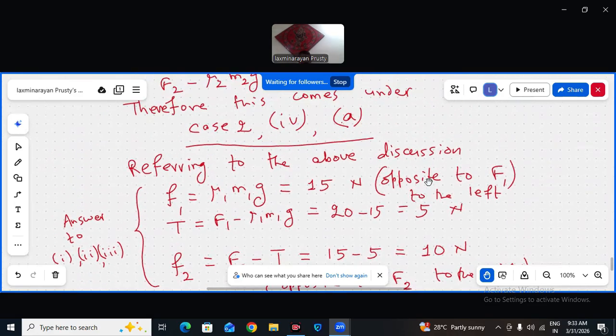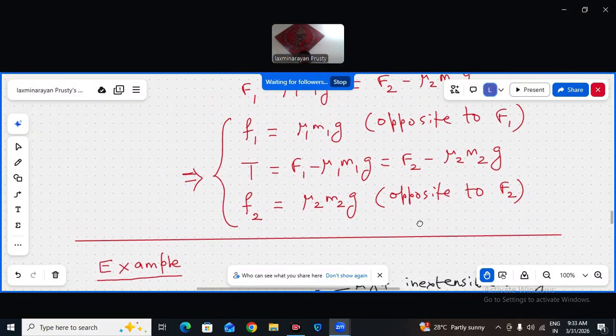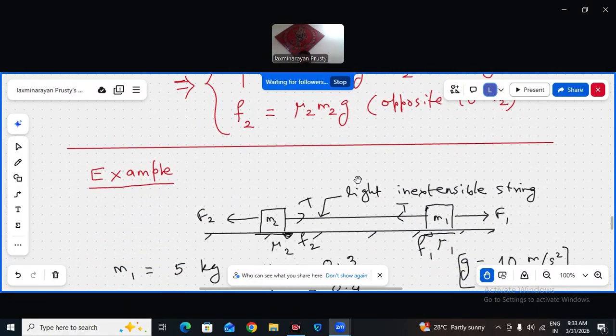In case I give a value of F2 also as 20 Newton, then F2 minus μ2 m2 g will be greater than F1 minus μ1 m1 g. Suppose F2 is 20 Newton: 20 minus 12 is 8, but for F1 it is 20 minus 15, which is 5.